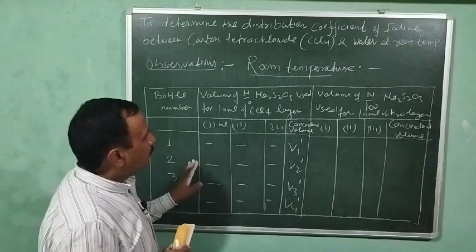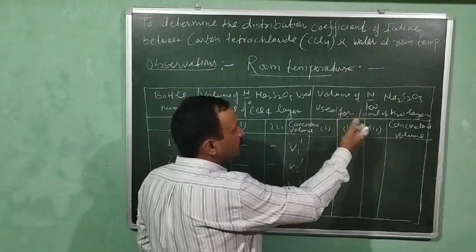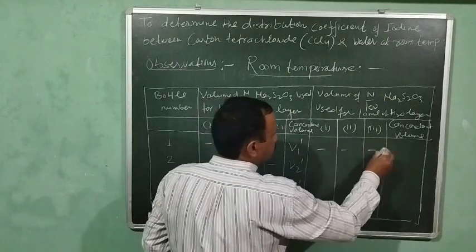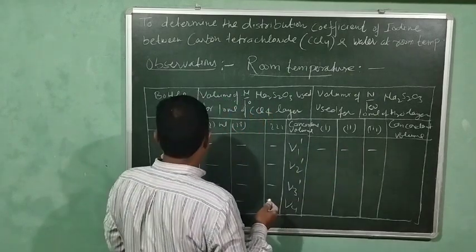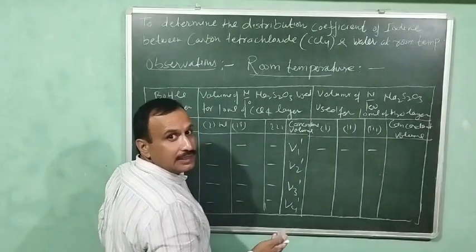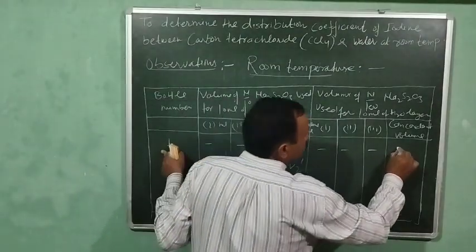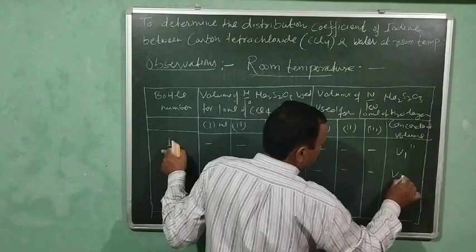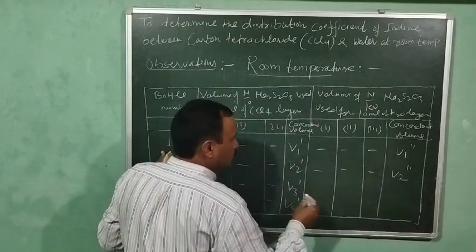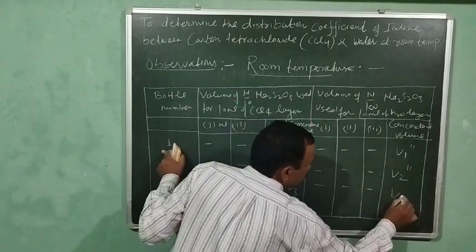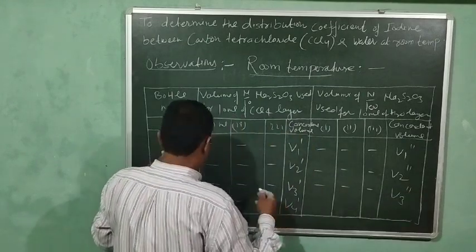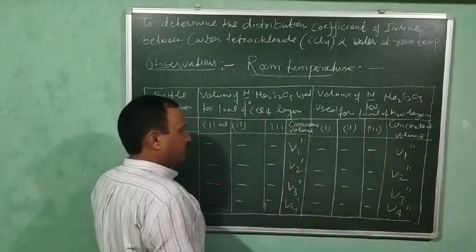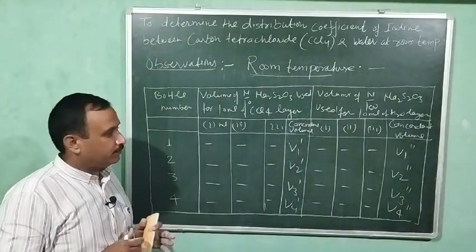And likewise we will have the values for the aqueous layer, and let the concordant volume for the aqueous layer of bottle number 1 be V1 double prime, V2 double prime for the bottle number 2, V3 double prime for bottle number 3 and V4 double prime for the bottle number 4.